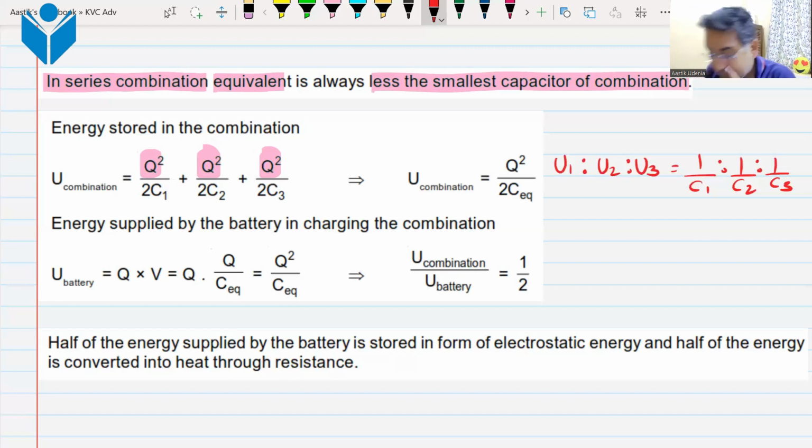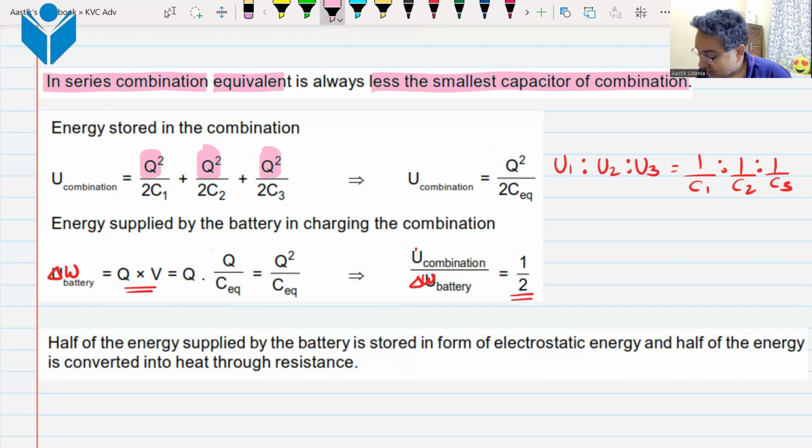Yes, sir. Now remember, whenever these capacitors are getting charged, they are getting charged by a battery, so that battery is doing some work. Yes or no? Yes, sir. The work done by this battery will be equal to Q into the EMF of this battery. And whenever you find out this ratio, this work done by the battery will always be 2 times the energy stored.